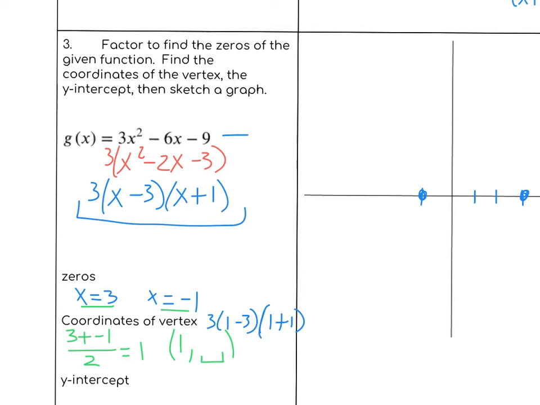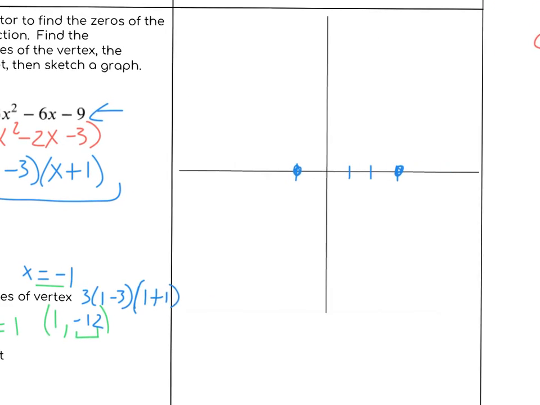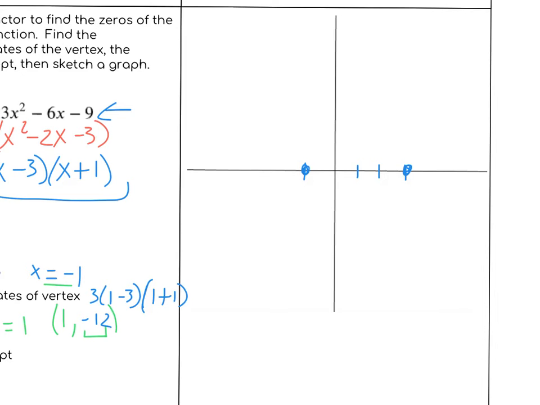I could also plug it back into this. It doesn't really matter. But when I plug that in, we get 3 times negative 2 times positive 2, which is going to be negative 12. Okay. And I'm just going to graph that as well. So that's going to be somewhere down here. It's at 1. I'm just going to draw a nice line of symmetry down here just so I can see what's going on. And that's at 1 comma negative 12.